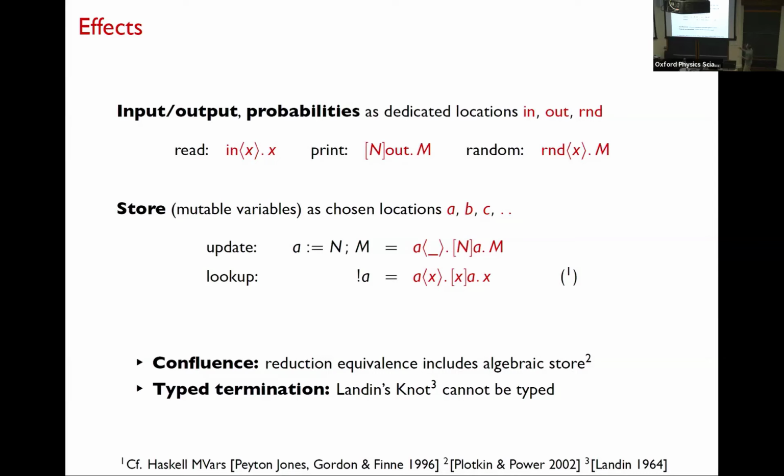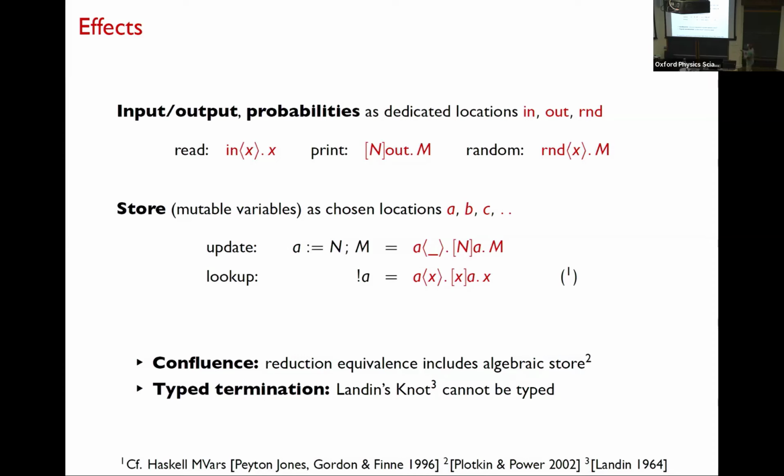So we take three locations: in for input, out for output, and random for the random number generator. And we encode a read term, or we can read from input by saying, well, we pop from input and we use it. We can print n to output and continue as m, and we can pop a random value and bind that as x in m.